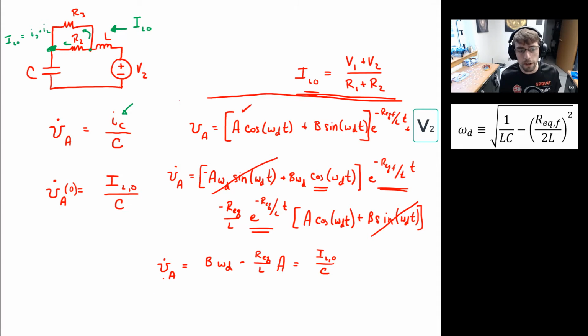We know the value of A, so we can now find the value of B in order to match all of the initial conditions.